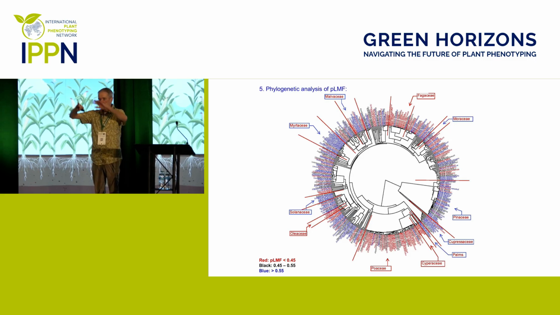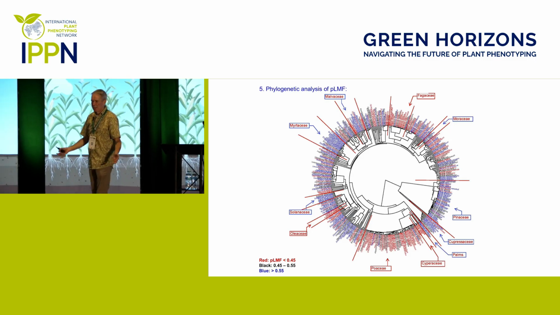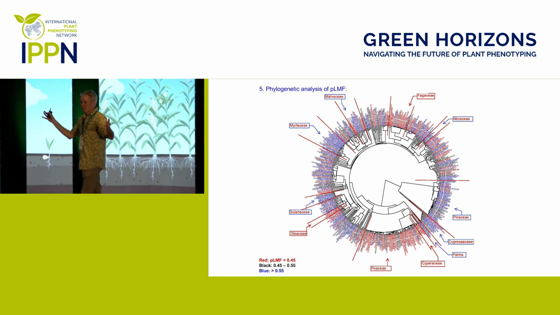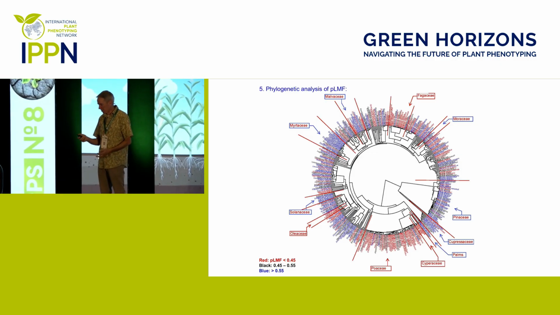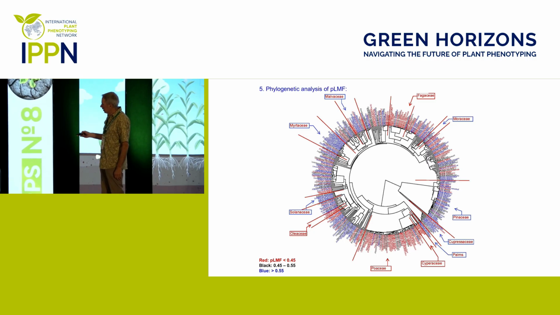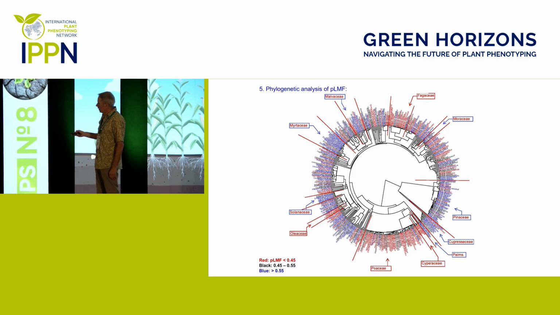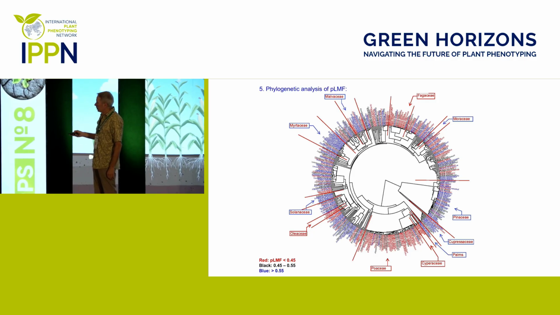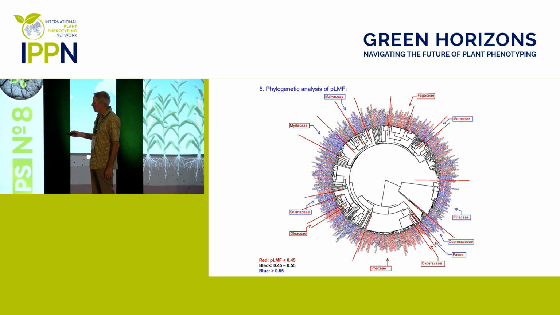So here you see a phylogenetic tree. I don't ask you to read all the names of these plants, but just for your indication, here you see the Solanaceae, so the tomato and other plants, and they generally have a very high allocation to leaves, so a high leaf mass fraction, and at the same time an amazingly low root mass fraction, right? So tomatoes mostly have 8% or 10% of the biomass in roots, and they have much more in the aboveground organs.